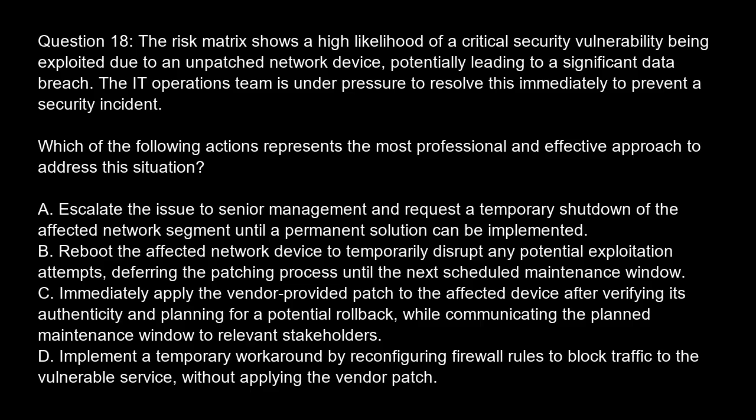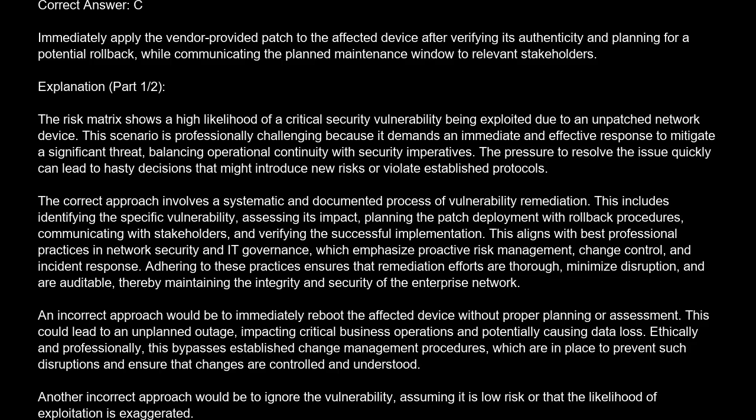Option C. Immediately apply the vendor-provided patch to the affected device after verifying its authenticity and planning for a potential rollback, while communicating the planned maintenance window to relevant stakeholders. Option D. Implement a temporary workaround by reconfiguring firewall rules to block traffic to the vulnerable service without applying the vendor patch.